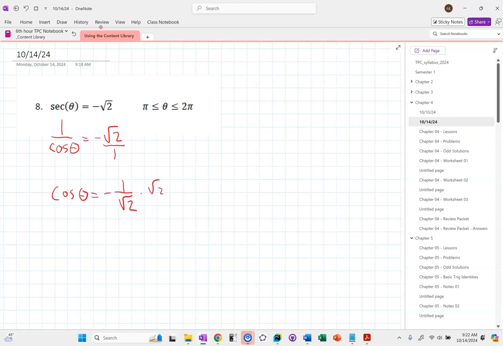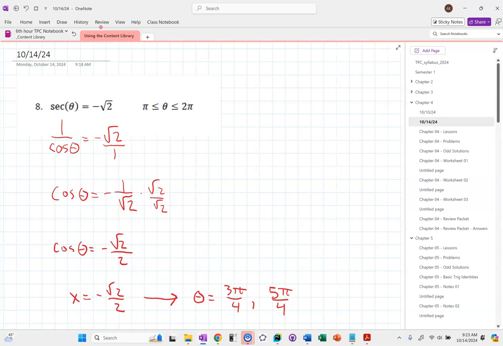And, well, let's rationalize our denominators, because on my unit circle I know I don't have any square roots in the denominator. So what I'm going to be doing is searching for the places that x is equal to root 2 over 2. I'm sorry, negative root 2 over 2. So if I look at that on my unit circle, that's going to be 3 pi over 4 and 5 pi over 4.